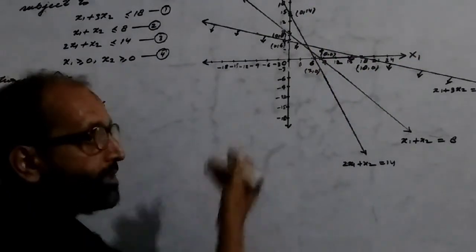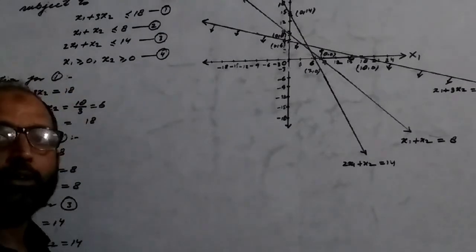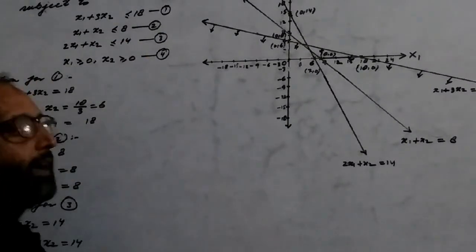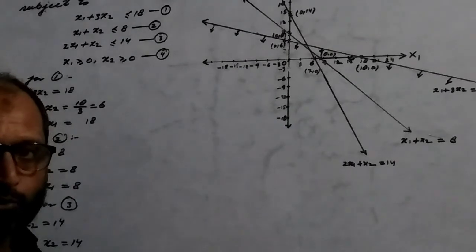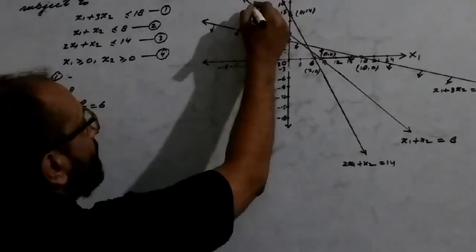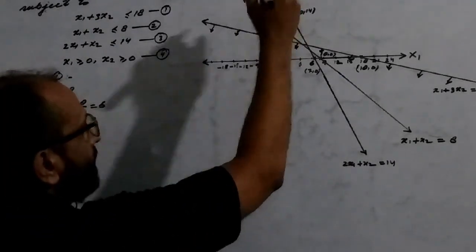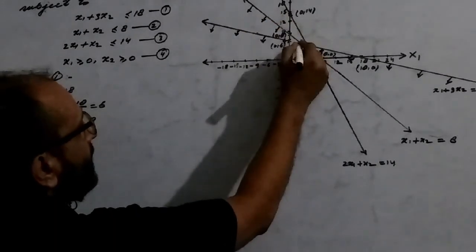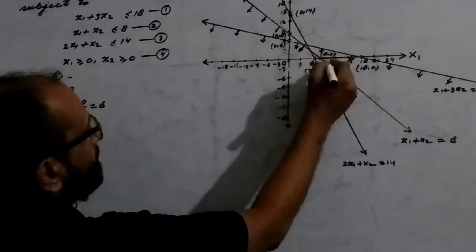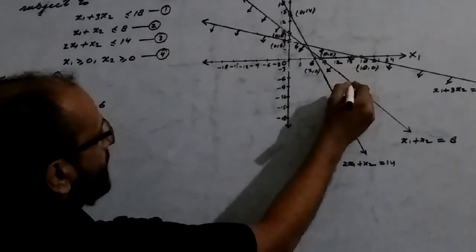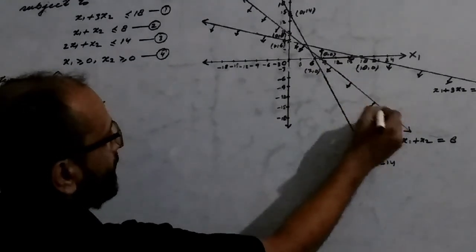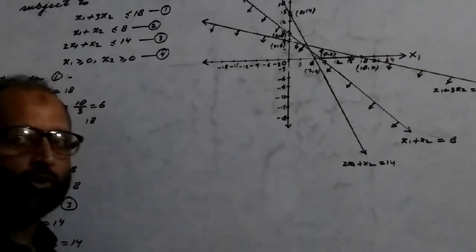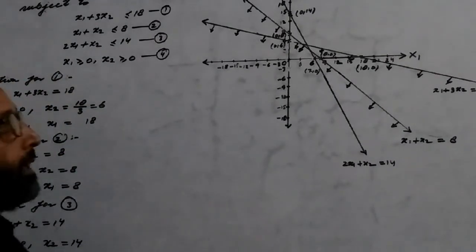So we have to mark towards the origin, because after substituting x1 and x2 equal to 0 in the inequation, the statement becomes true. So we mark towards the origin again, roughly. There is no specification for putting these arrow markings at equal or unequal graduations; it doesn't matter.